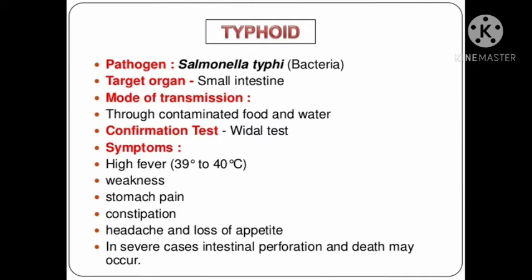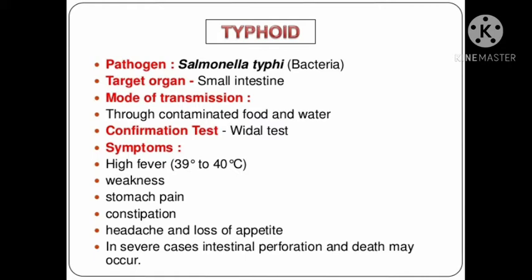Once it enters into the body, there are certain classical symptoms of typhoid. Typhoid is also commonly called typhoid fever. So fever is one common symptom, especially sustained high fever of a temperature 39-40 degrees Celsius continuously for 3 or more days. It could mean typhoid fever. It is also accompanied by weakness, abdominal pain, constipation, headache, and loss of appetite.